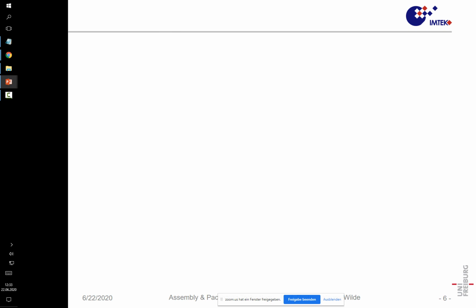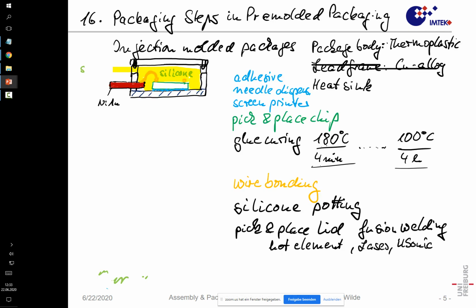Okay, that was number 6. I have one question. Yeah, go ahead. For the heat sink, where do we put the heat sink? Yeah. For instance, imagine you have a module, and that module dissipates high power, and in that way, the chip must give away lots of heat.